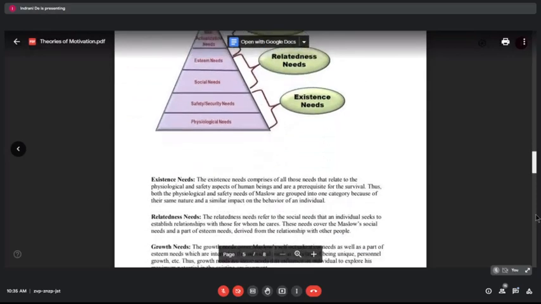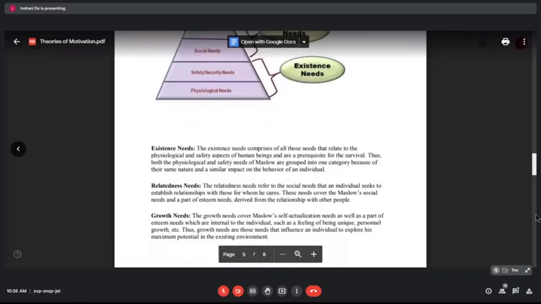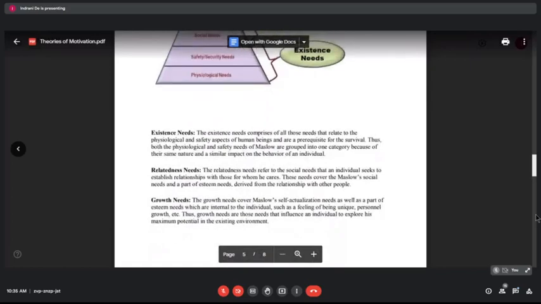If we talk about the relatedness need, we are talking about only those needs like the social needs, along with the social need, some portion of the esteem need we are including under this relatedness need.